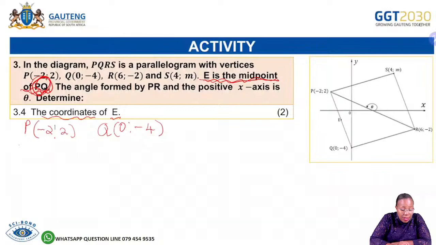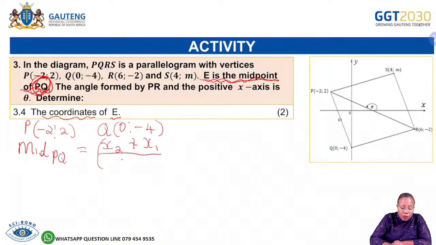So now the midpoint of PQ is equal to the formula. Do you still remember, in grade 12 it is x2 plus x1 over 2, comma, y2 plus y1 over 2.